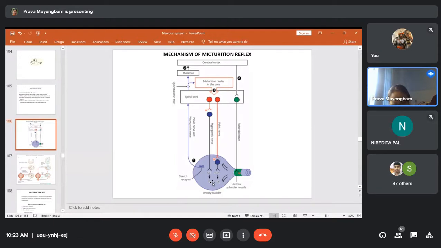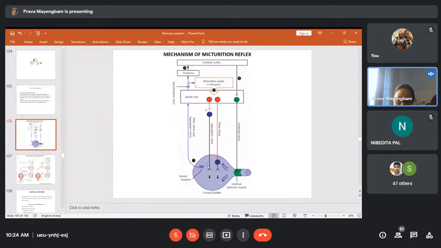When it is almost near to its capacity, then the stretch receptors present in the detrusor muscle of the urinary bladder will give a signal. It will give a sensory signal through the sensory part of the pelvic and hypogastric nerve.